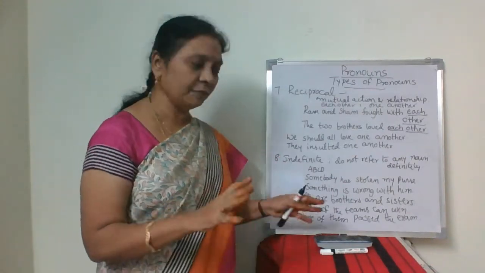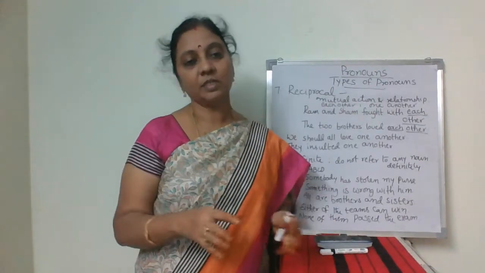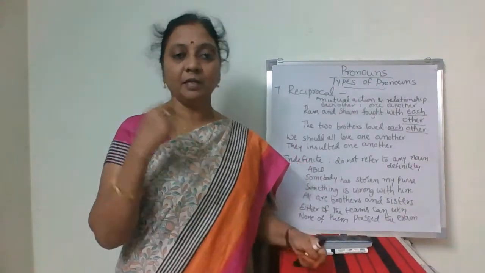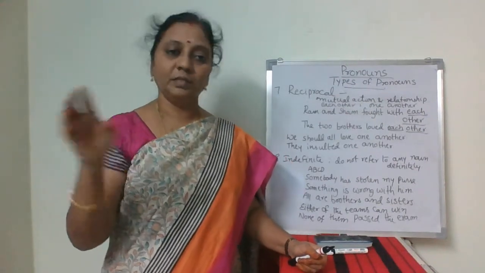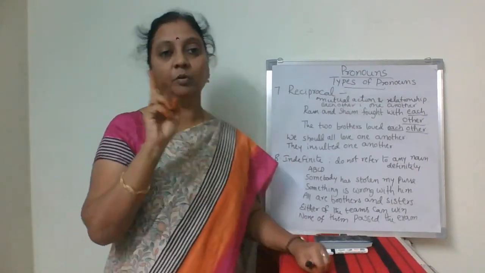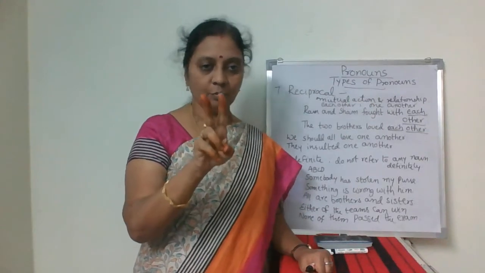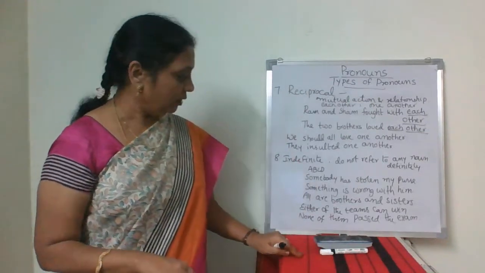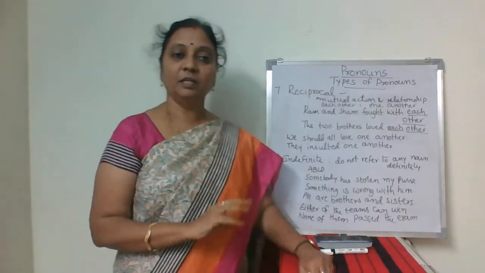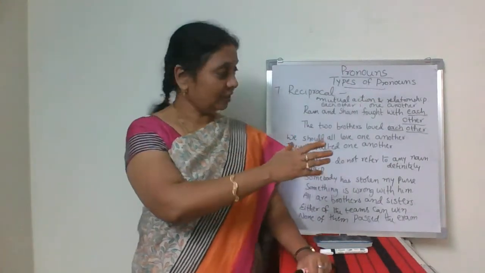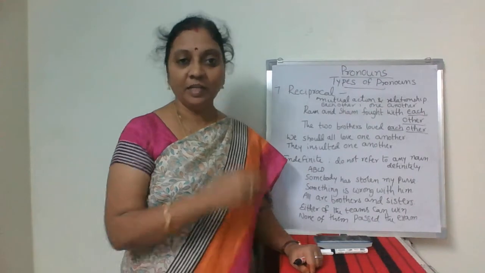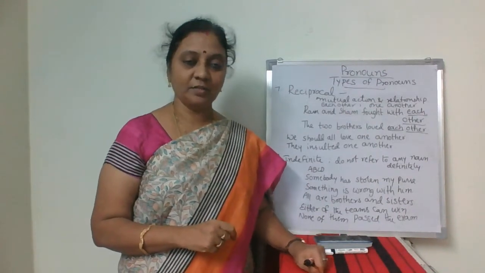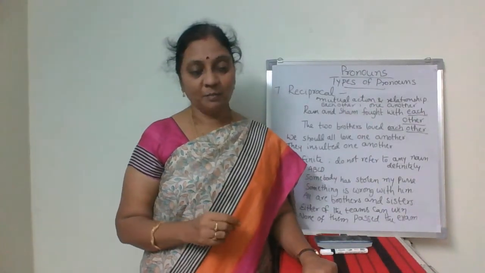Thirty students appeared for the exam, but none of them passed, zero out of 30. Both means always two members. So far we have learned the different types of pronouns. Thank you all for watching my video.